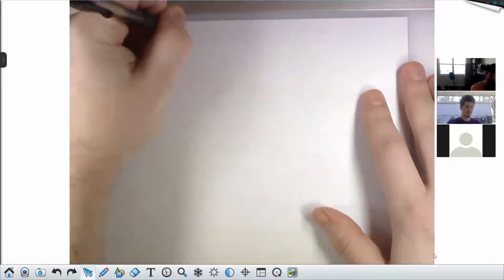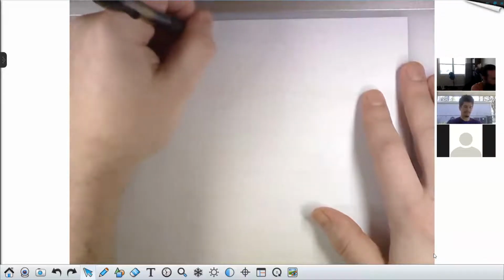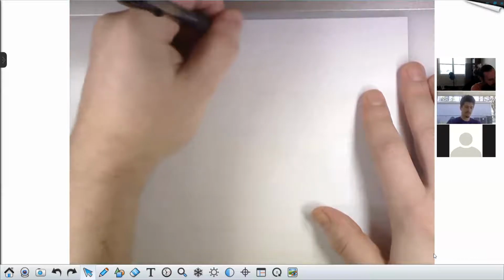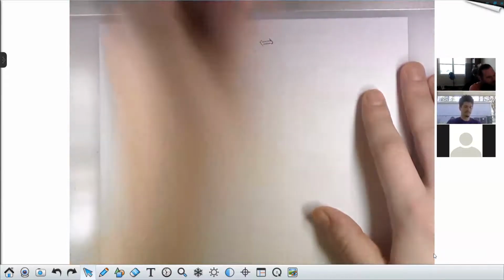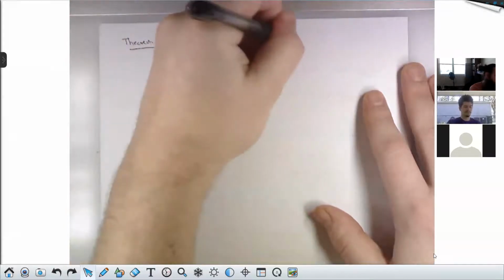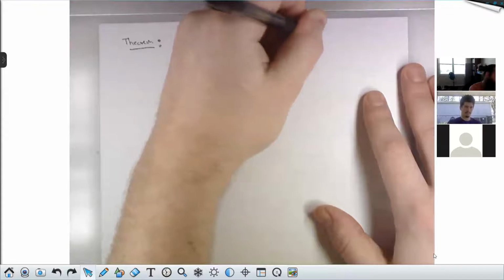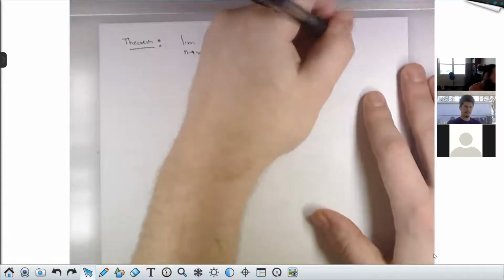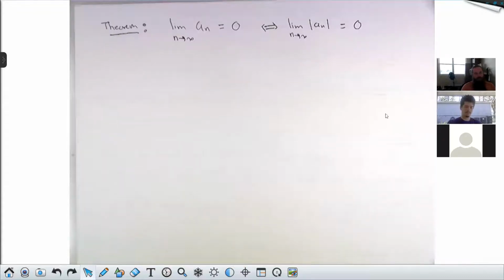This says that the limit as n goes to infinity of a_n equals 0 if and only if the limit as n goes to infinity of the absolute value of a_n equals 0. So a sequence going to 0 is equivalent to saying the absolute value of that sequence goes to 0.